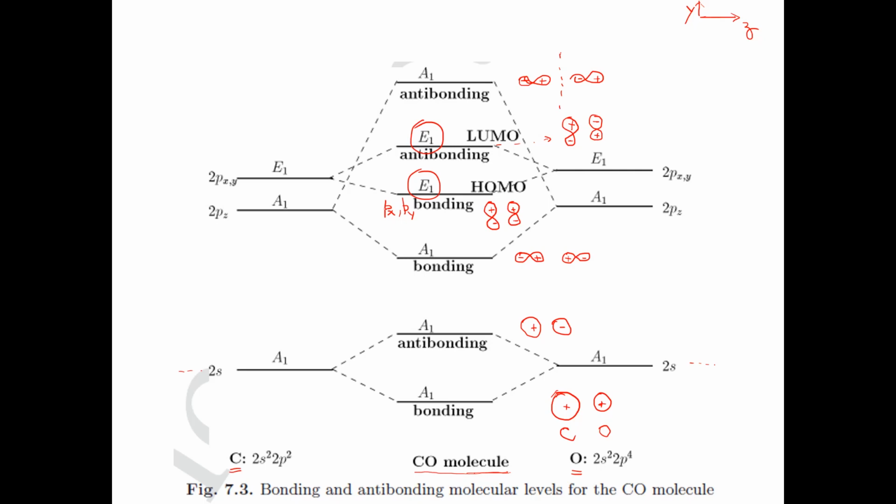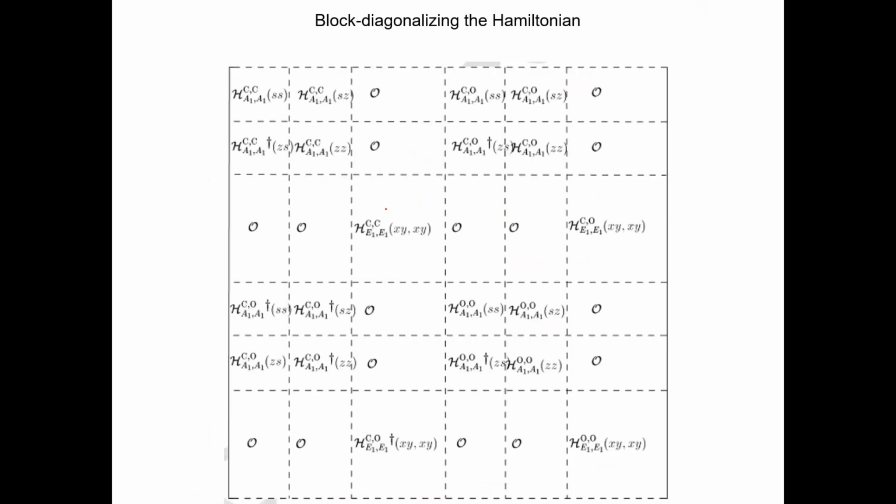But now let me tell you how group theory can help us to simplify the Hamiltonian to be diagonalized. This was more like a problem in the old days when people didn't have much computer power. But still nowadays it's useful because it helps you to understand your results.